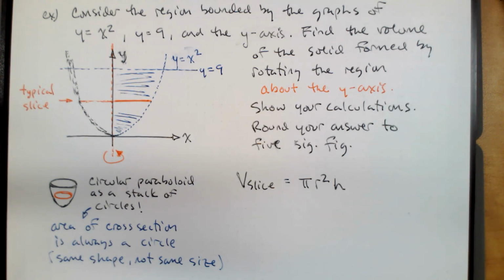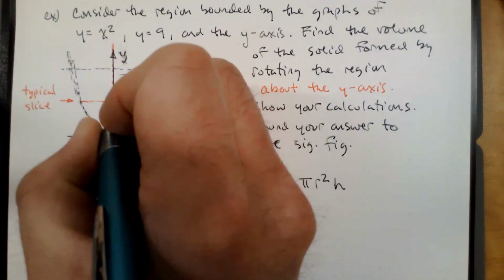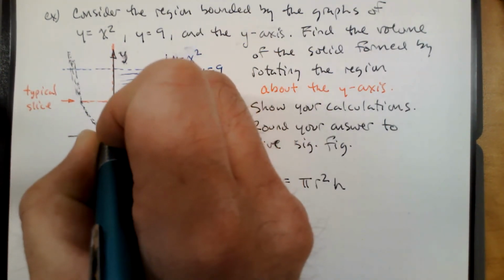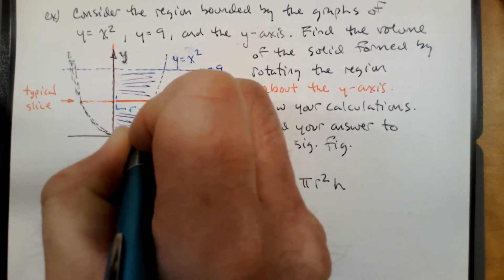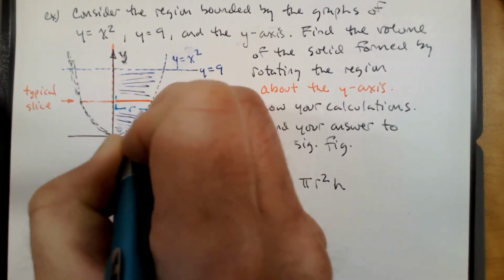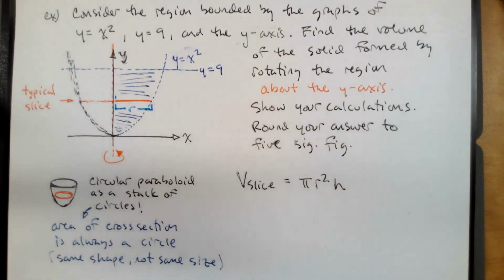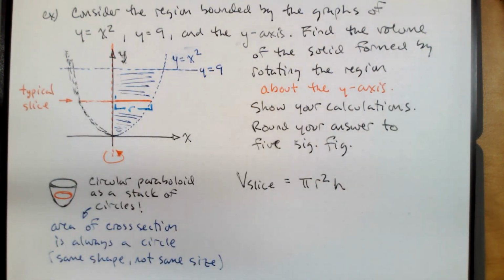So I need to label what r is going to be. R is a radius, and so r is always measured from the axis of rotation. Just like before when we were calculating areas, we're imagining this as a stack of circles. And so the circles are getting thinner in this stack. So that means our delta variable is going to go up and down.